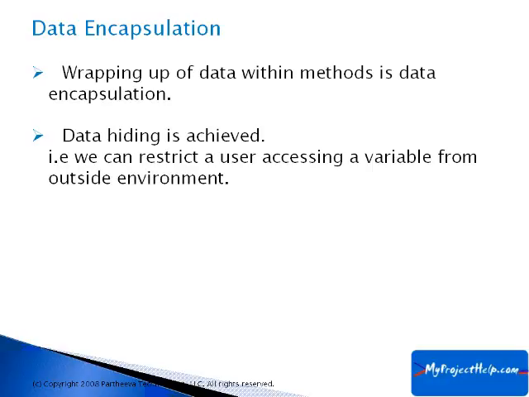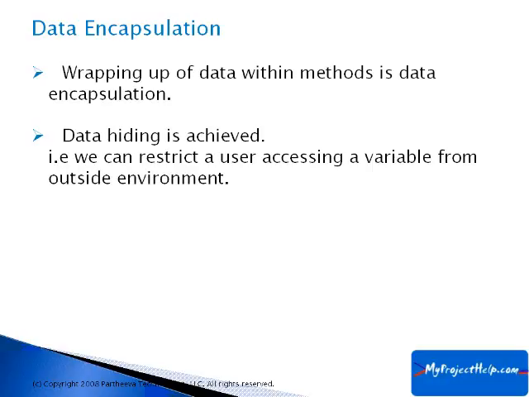If we want something to be applicable only to this class, we can use a private access specifier and restrict the user so that it cannot be accessed from another class or another environment.